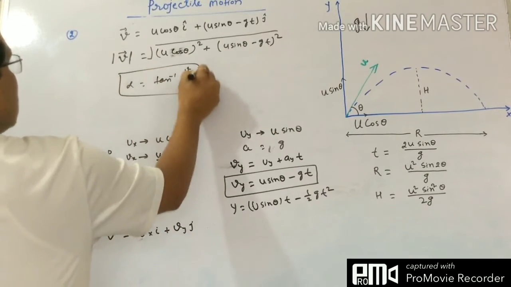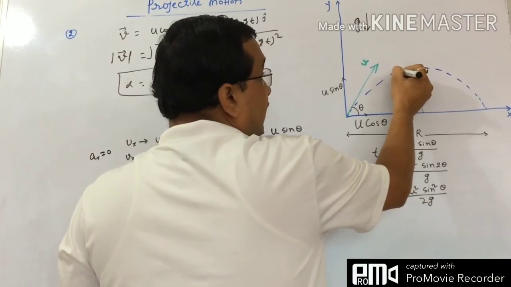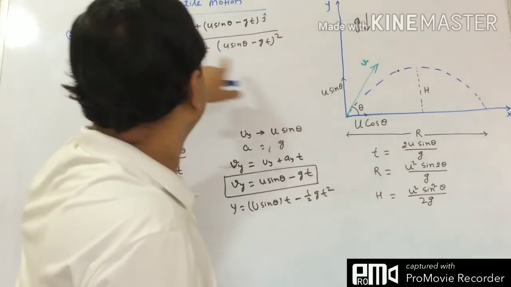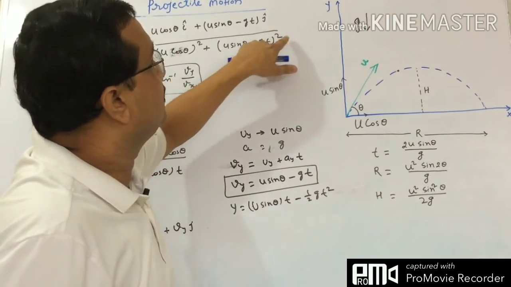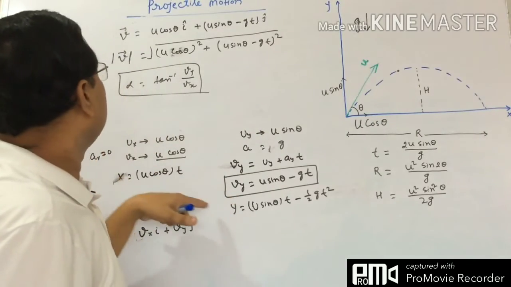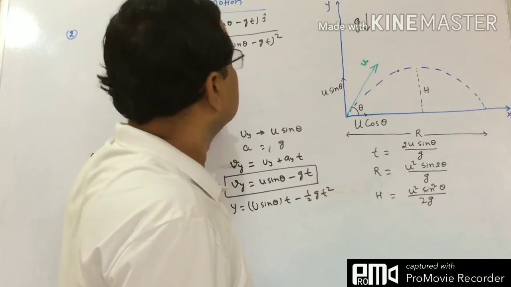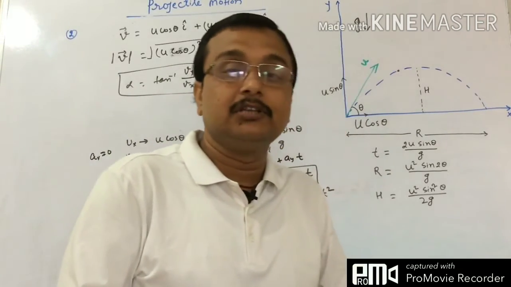So at any point, if we want to find out the value of velocity, the magnitude can be found by this equation. We can find out Vy and Vx like this, and then we can find out the direction of this velocity. So at any point we can use this equation.